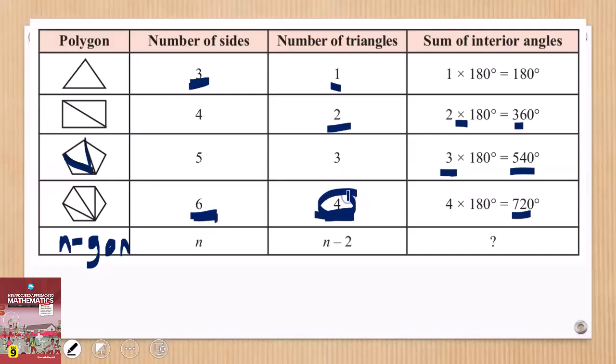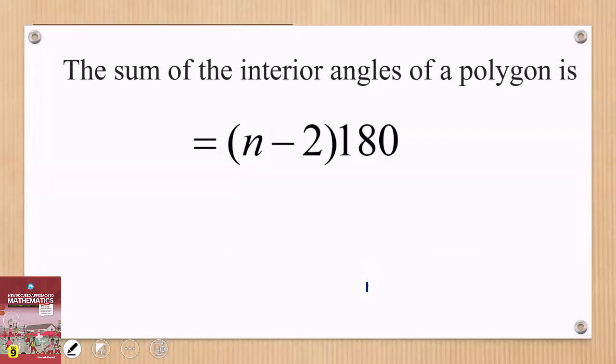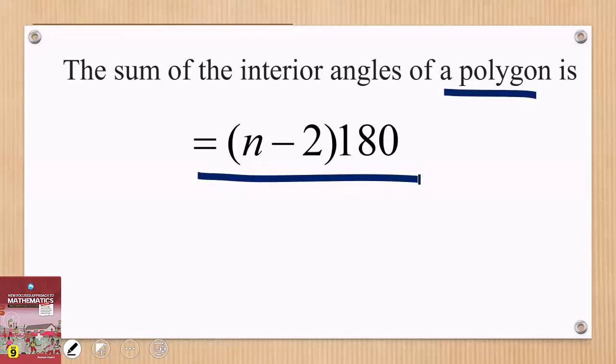So here minus 2 gives us what is here, and n minus 2 is multiplied by 180 to give us the sum of the interior angles of the polygon. In a nutshell, the sum of the interior angles of a polygon is given by the formula (n minus 2) times 180 degrees.